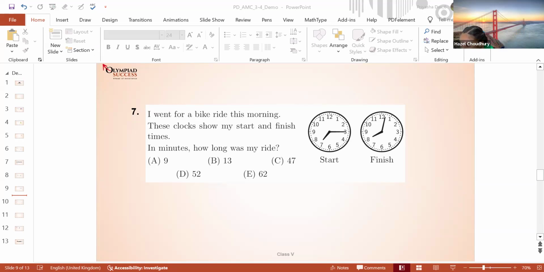The next one is 8. Look, take a pencil. Read that. How many minutes do you have there? How many dots are there? There's 5.